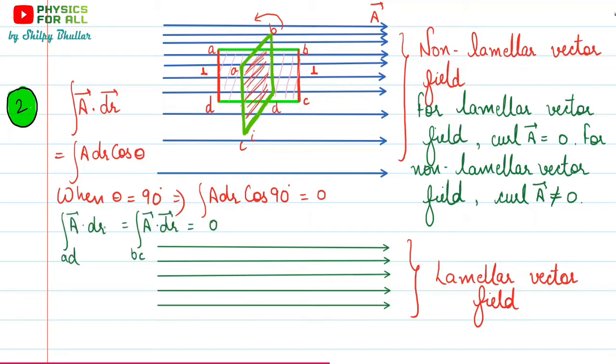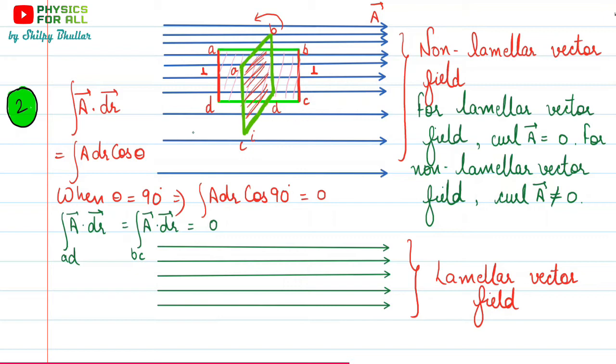So this is what I mean: A dot dr for side AD and A dot dr for side BC would be 0, even in this condition, when the rectangle is aligned in the direction of vector field A, because AD and BC sides are perpendicular to the vector field. Perpendicular means theta is 90 degrees, and we are taking dot product. So the expression for dot product is A dr cos theta, and when theta is 90 degrees, cos 90 is 0, so our line integral would come out to be 0.